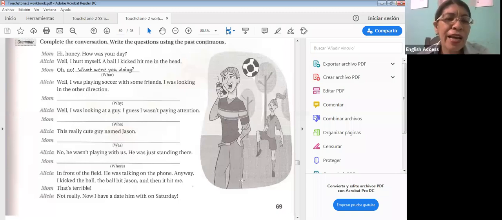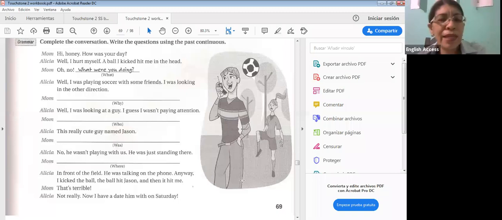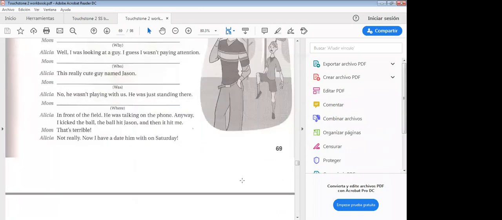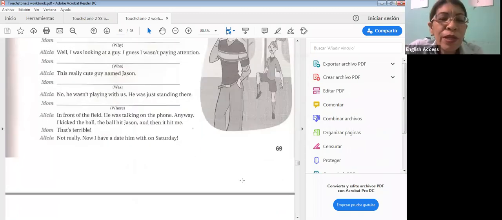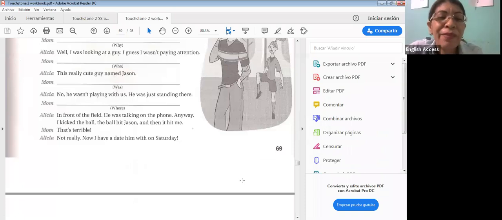This really cute guy named Jason. Was he playing with you? No, he wasn't playing with us. He was just standing there. Where was he standing? In front of the field. He was talking on the phone. Anyway, I kicked the ball and the ball hit Jason and then it hit me. That's terrible. Not really. Now I have a date. I have a date with him on Saturday.